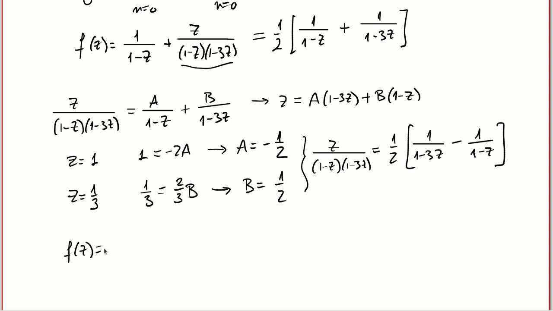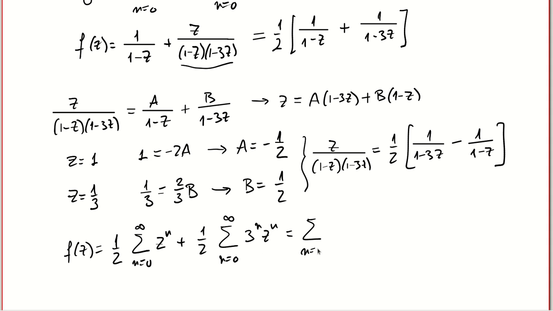This is 1/2 of the sum from 0 to infinity of z to the n plus 1/2 the sum from 0 to infinity of 3 to the n z to the n, where 3z comes from the denominator. We group these together in a single sum from 0 to infinity, where z to the n is a common factor, so the coefficient is (3 to the n plus 1) over 2, times z to the n.